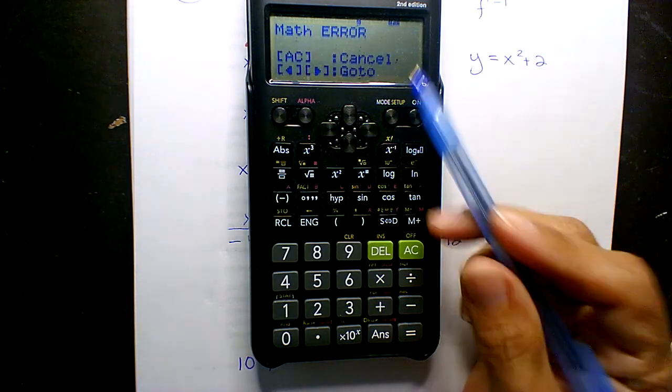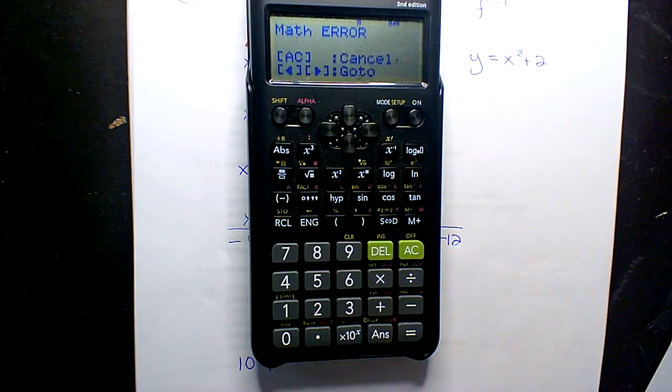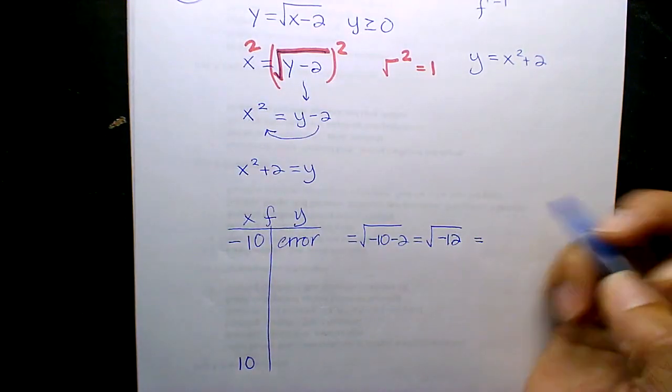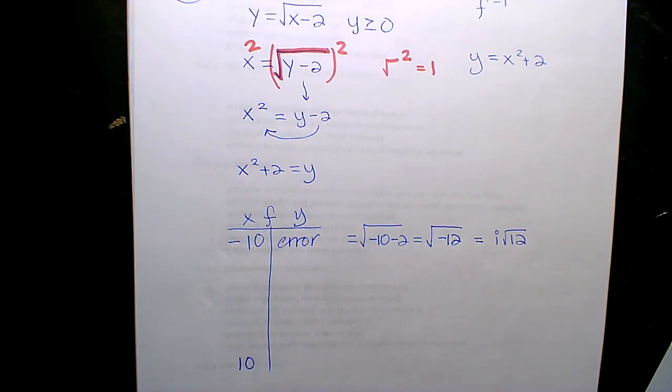So notice I get an error because you were taught that this is then i square root of 12. You remember your little imaginary? We're not doing imaginary in here. We're not graphing imaginary. You'll do that in pre-cal. So obviously that's why the calculator is rejecting us.